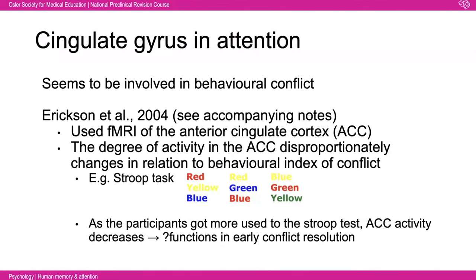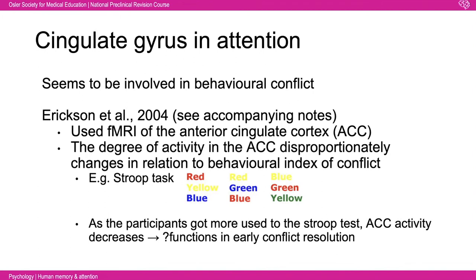In 2004 used fMRI, and they were looking particularly at the anterior cingulate cortex. And they showed that the degree of activity in this region was really affected by any sort of task that had behavioral conflict. So the Stroop task would be a good example of that. But importantly, it wasn't just a static thing.